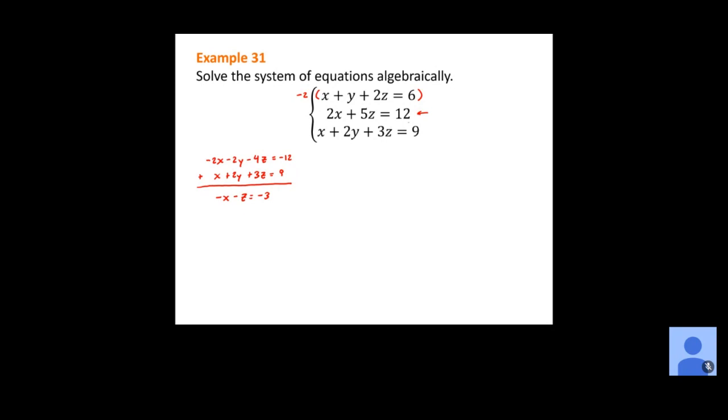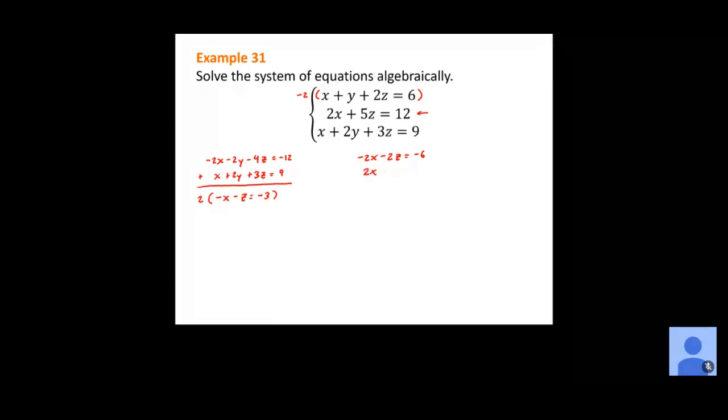We have our second equation that only has x and z. So now what could we do next? Good. If we multiply this new one by 2, that'll give us a -2x, which would cancel out the 2x in the other one. So now I'm going to have -2x minus 2z equals -6.